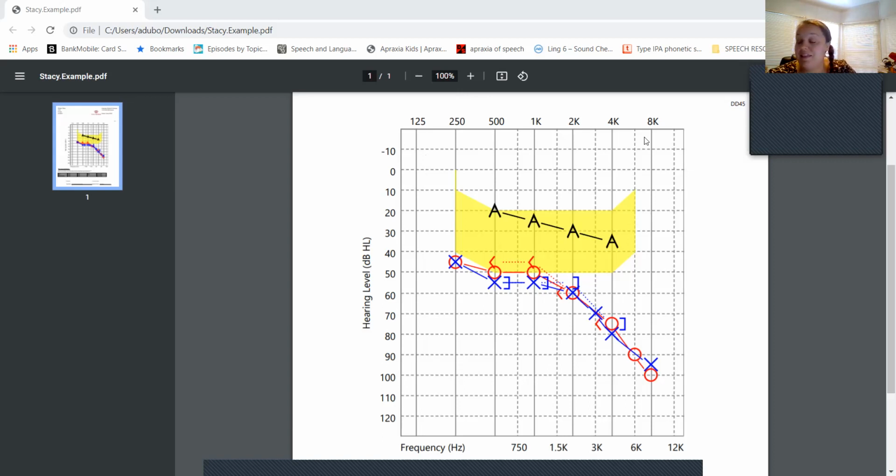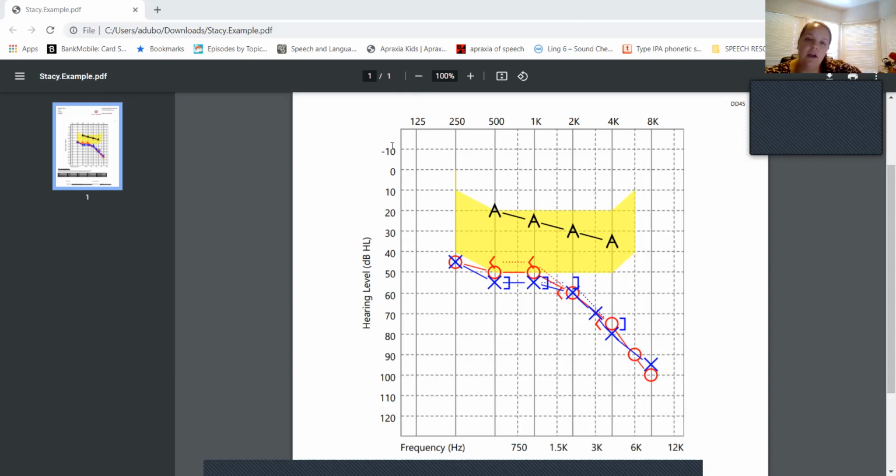And then 8,000 over here on the right is a really high pitch sound, like, for instance, a bird chirping or an airplane taking off. So just think low sounds like on a piano to high sounds also like on a piano.